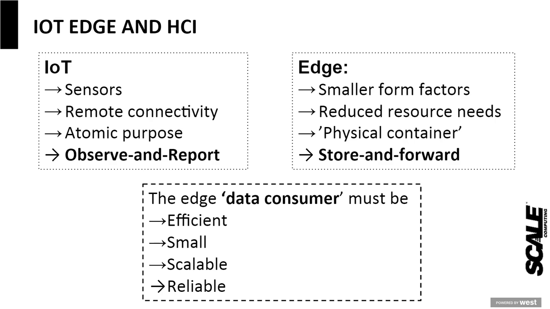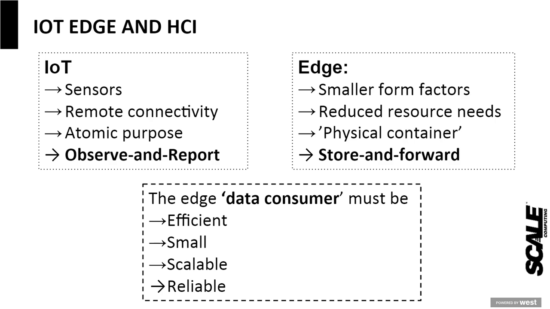So if we think about hyperconverged infrastructure with IoT and edge, we start to think about the original concepts we talked about before with scalability, simplicity, high availability, affordability. How do we make that work with IoT? Well, IoT is really just doing observe and report. Those are remote sensors sending smaller amounts of data, whereas in edge computing, it's smaller form factors of full-fledged computing resources.